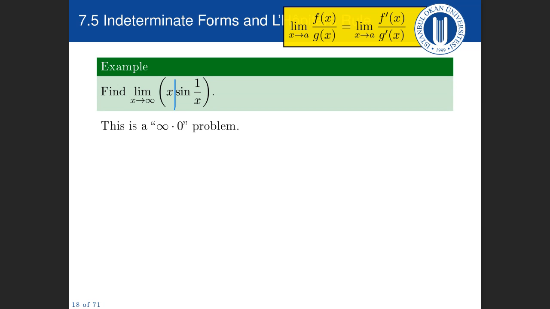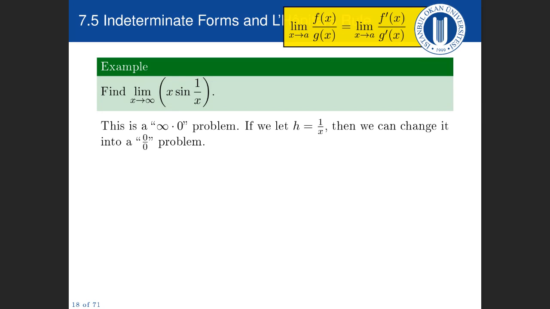The limit of sine 1 over x as x tends to infinity is 0. So what we need to do is rearrange this. Or in this case, we're going to need to do a substitution. We're going to do the substitution h equal to 1 over x. And if we do this substitution, we're going to change this into a 0 divided by 0 problem.